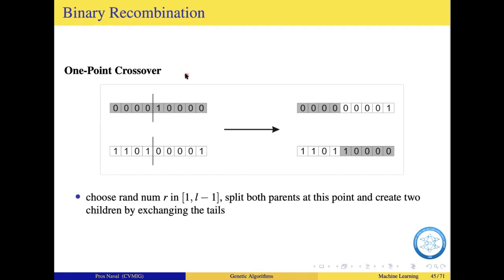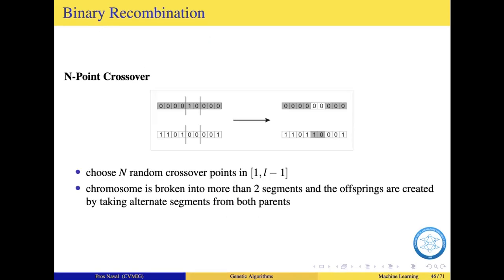Binary recombination. We can have a one-point crossover where we choose a random number r in the interval 1 to L minus 1, where L is the length. Then we split both parents at this point and create two children by exchanging the tails. That's your one-point crossover.